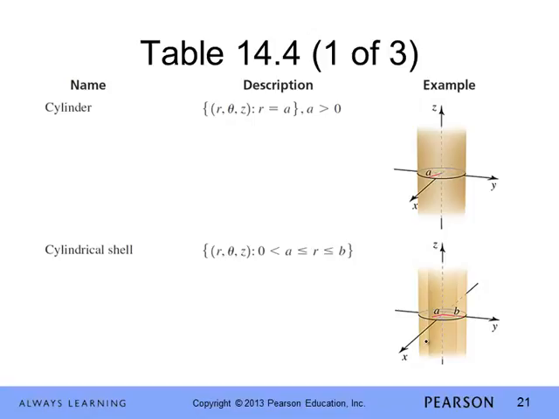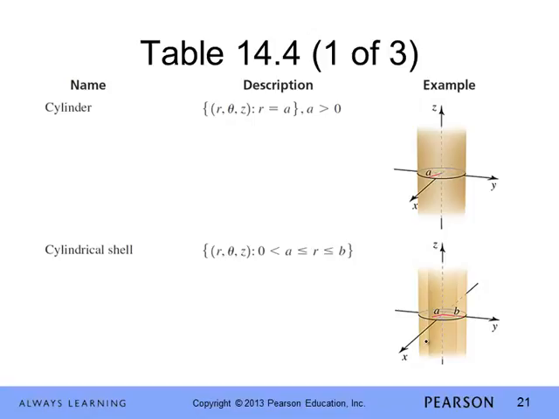Now here are some popular surfaces in cylindrical coordinates. First of all, we have the cylinder. Now x squared plus y squared equals a fixed number, right? That's a circle. In other words, r is equal to some fixed number without respect to what the z is. So there's your cylinder. It's just basically an infinitely long tube that goes up or down with the fixed radius a.